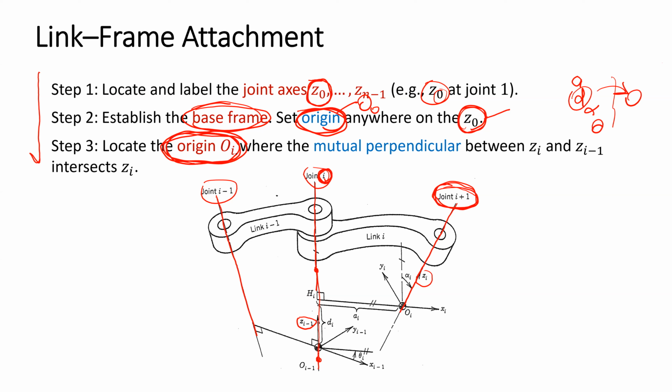We need to set the origin of the frame where the mutual perpendicular intersects the joint axis.